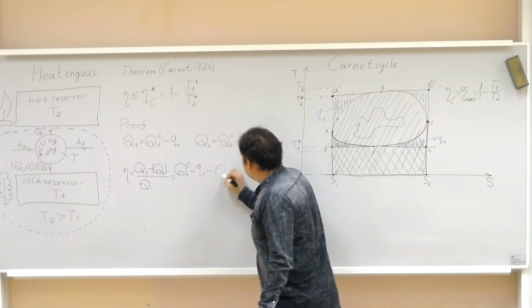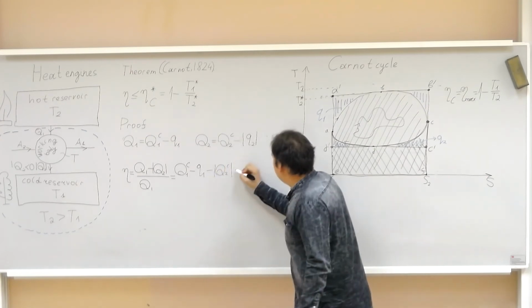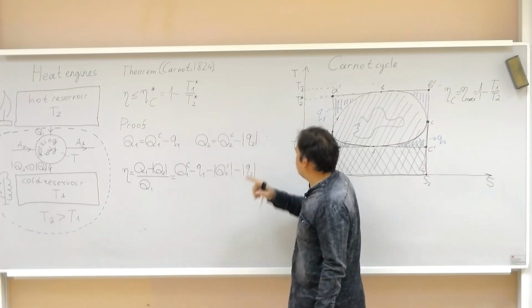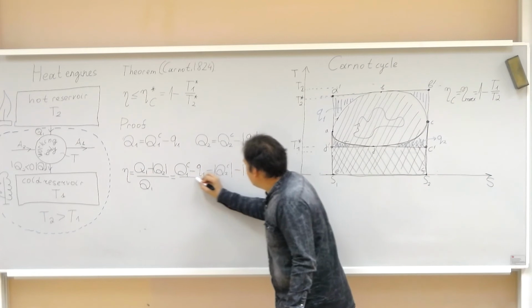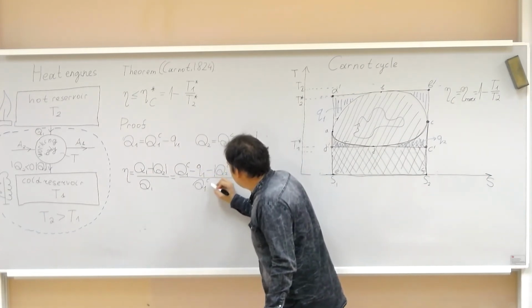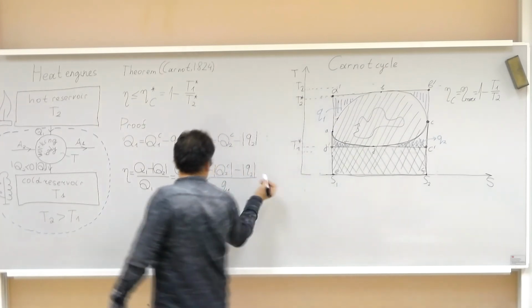Here will be minus Q2 Carnot minus Q2, because this quantity is negative, and in the denominator I will get Q1 Carnot minus Q1.